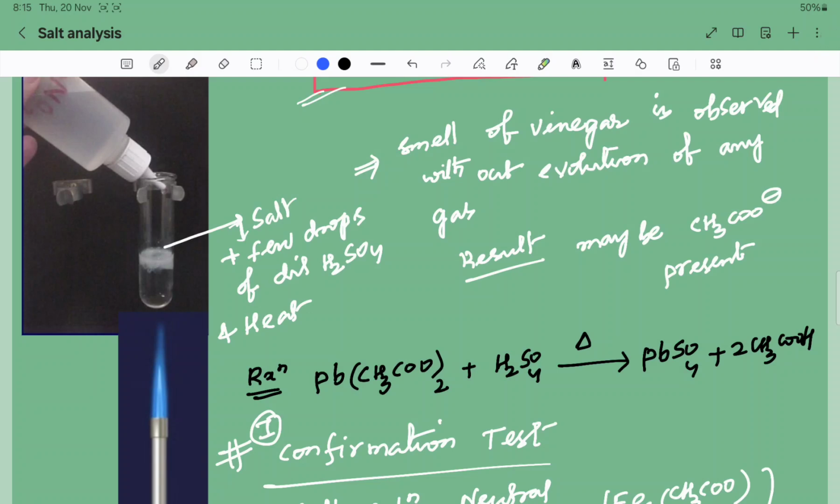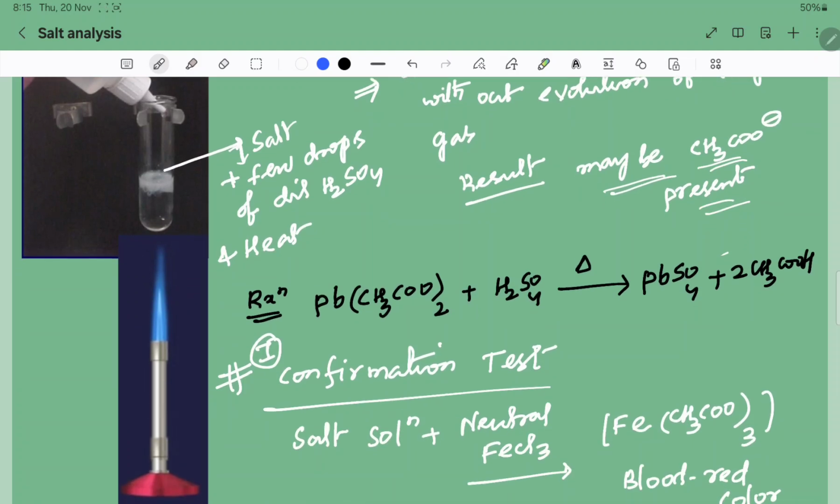It will release some vapor, a smell of vinegar, without evolution of any gas. Based on that, we can predict that maybe acetate is present.